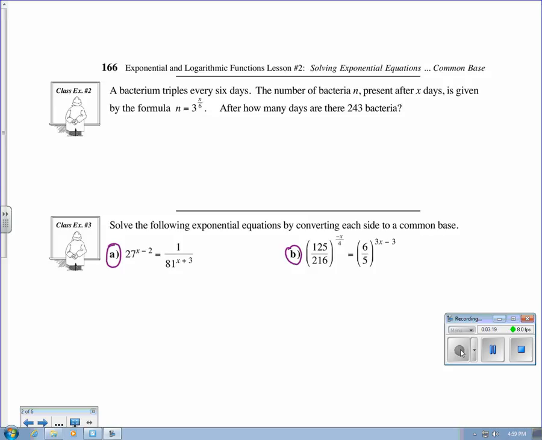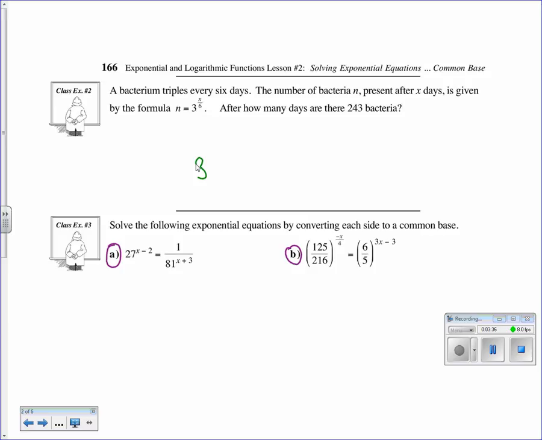When we work with exponents and powers, we often talk about bacteria, and it's always great to also talk about money. This example talks about a bacteria that triples every 6 days. Now that tripling is seen in the 3 that's present in the formula.